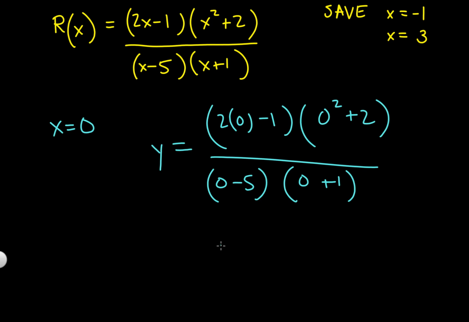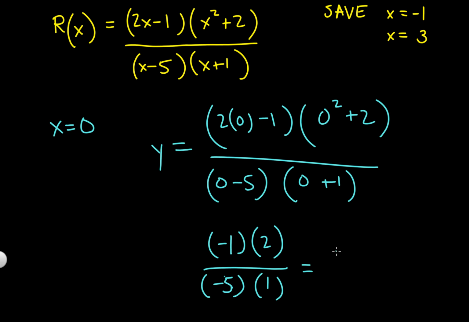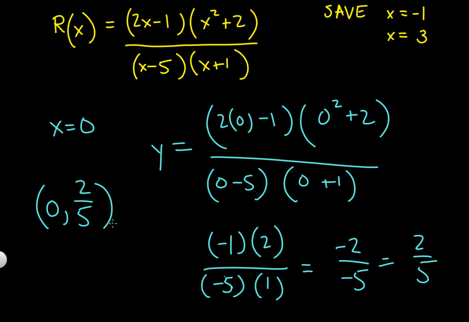Or what we get is -1 times 2 over -5, times 1. So we get -2 over -5, or positive 2/5. So y-intercept, 0, 2/5.